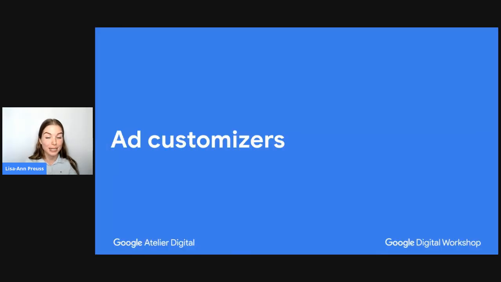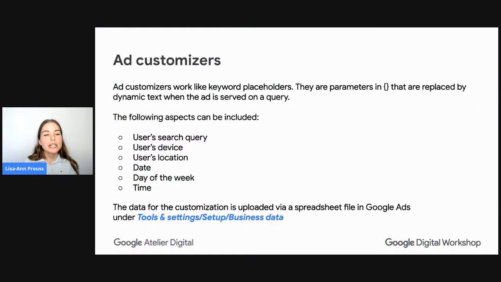And now let's move right along to the ad customizers. This feature is a little like the keyword insertion, but so cool for those of you who have really complex e-shops, loads of inventory, because to be honest, keyword insertion won't help you much there.